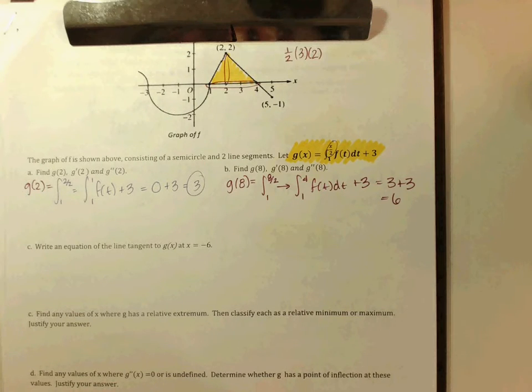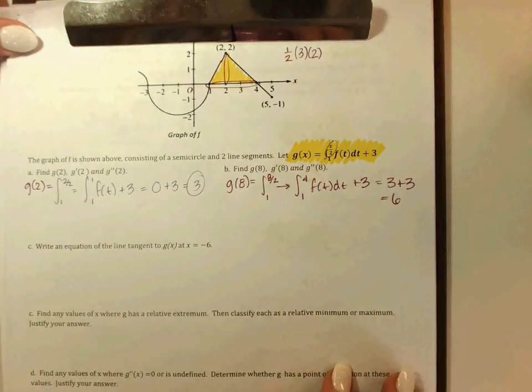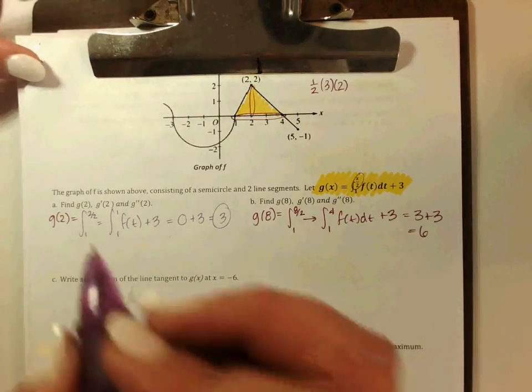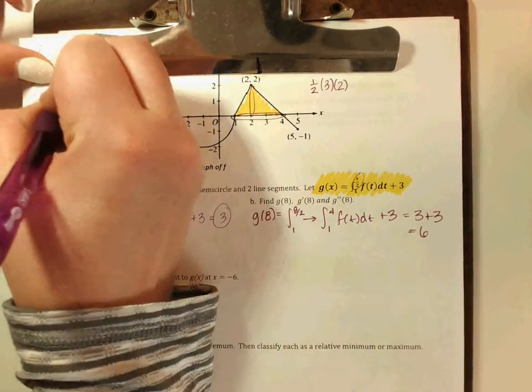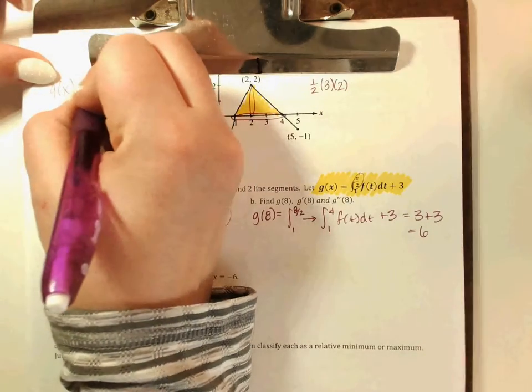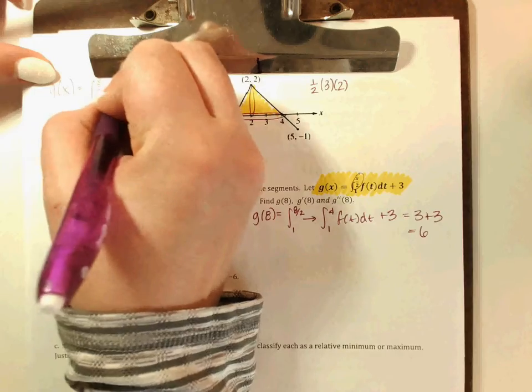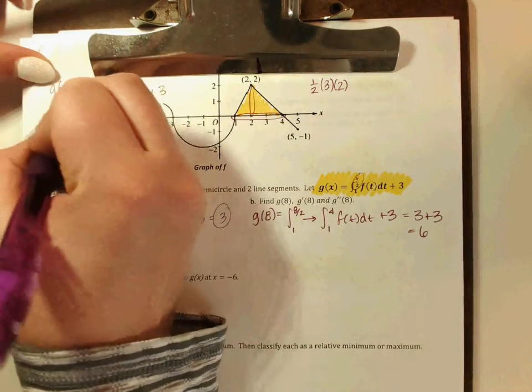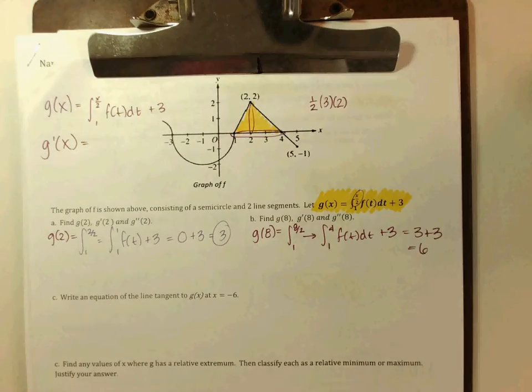I plugged in. Now I'm going to find g prime. Remember, this is like your most important step in every single question like this. So g of x is the integral from 1 to x over 2, f of t dt plus 3. What will g prime of x be? Okay, extremely close.